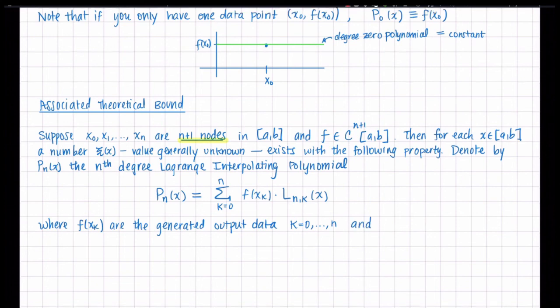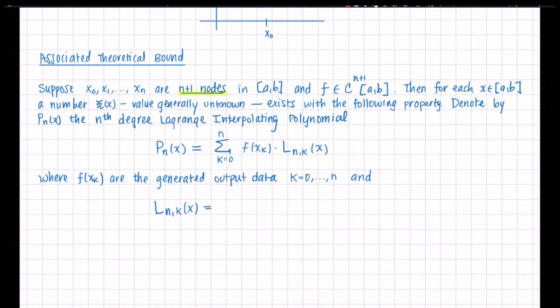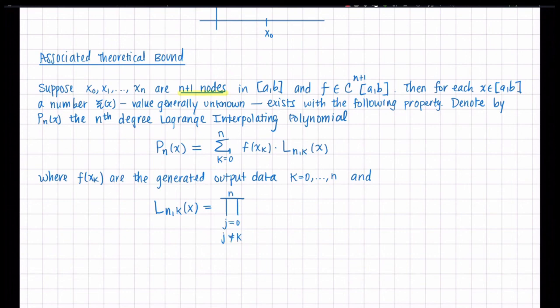And the switch polynomials, I'm going to write these also using a compact notation. L n k of x we know is this long product, so I'm going to use product notation using a capital pi. This product is happening over the indices j equal to 0 to n, but omitting when j is equal to k. And what we're going to take the product of are these monomials x minus xj divided by the constant values xk minus xj.